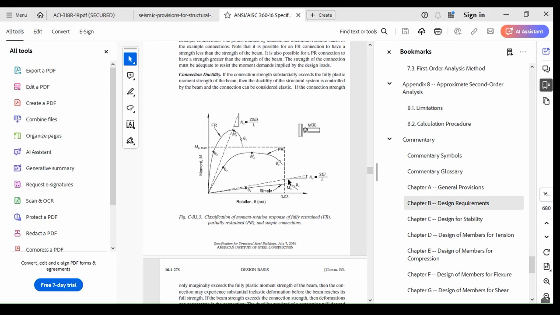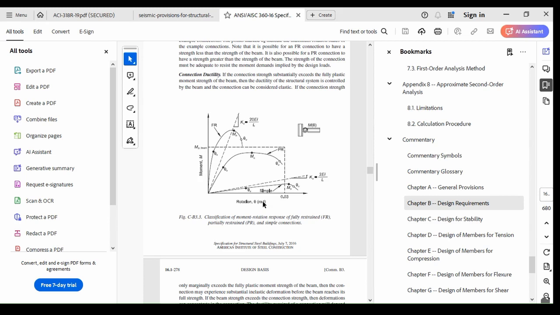Anywhere between this line and this line, KS and KS here, it is a semi-rigid connection. The horizontal axis of this diagram is representative of rotation, and the vertical axis is representative of moment.